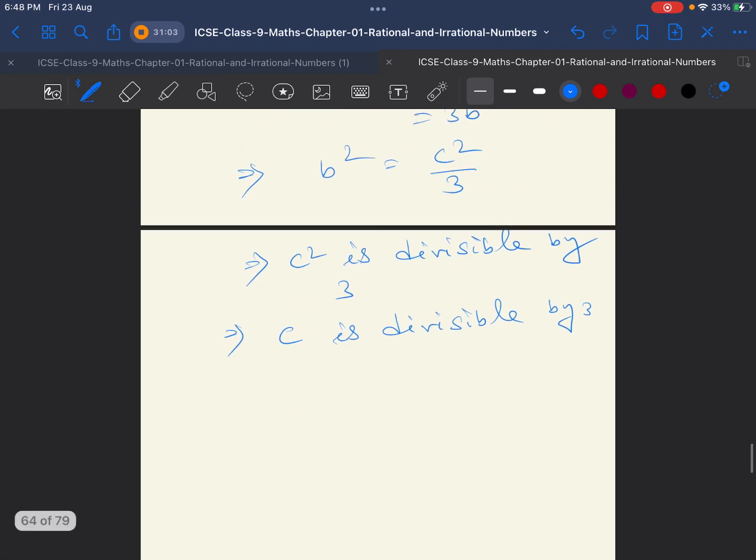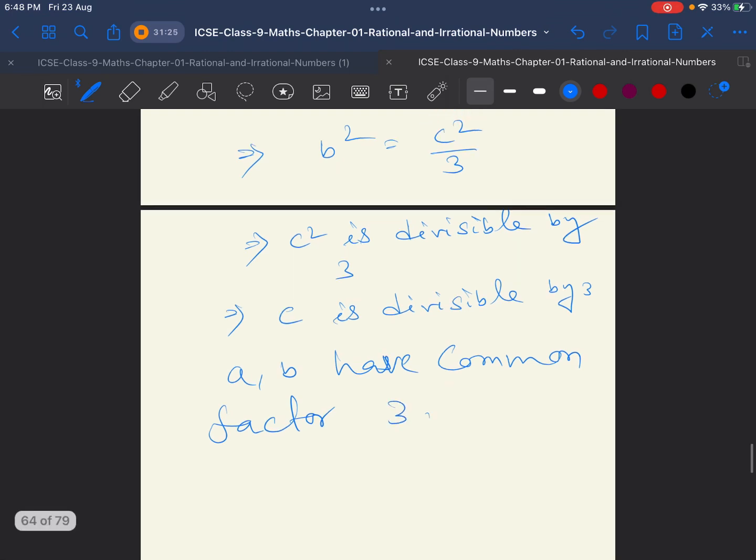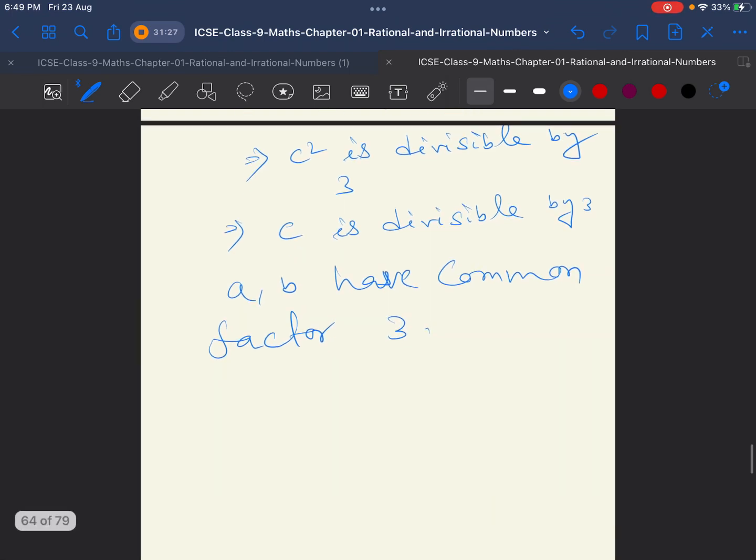And also here you see b has factor 3, so a and b have common factor 3.